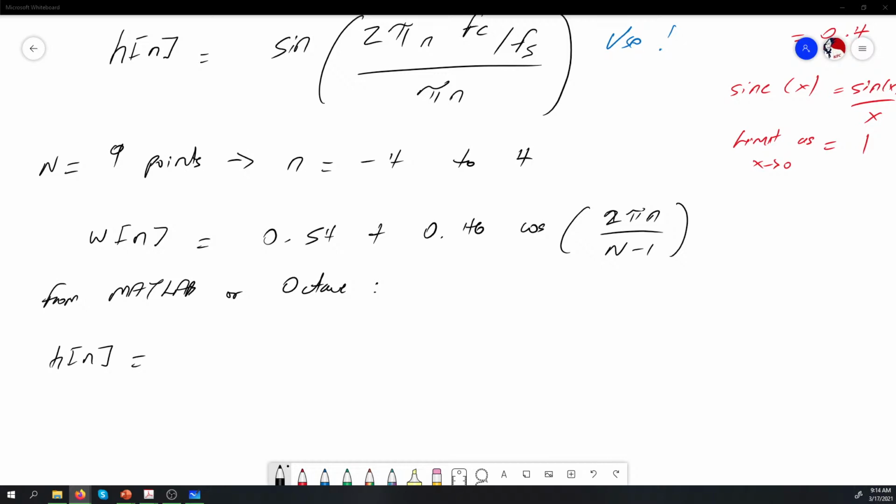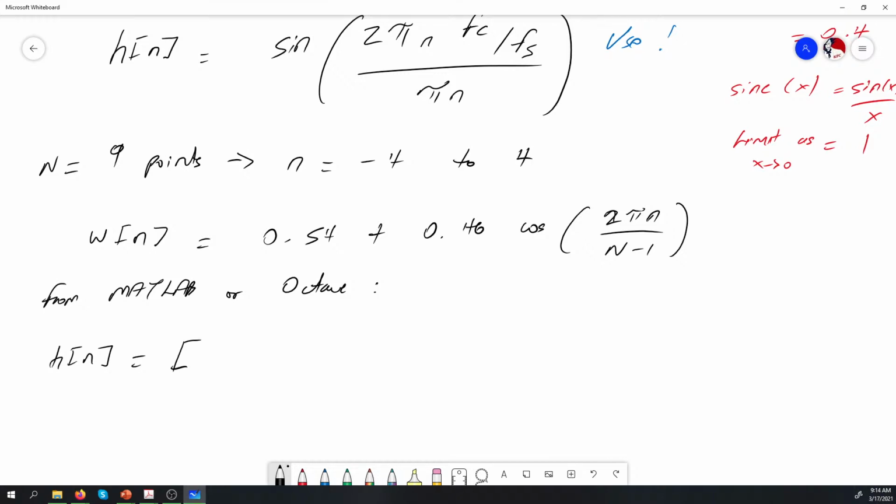Right, there's going to be minus 0, I'm truncating to 3 decimal places, then 0.076 and then minus 0.062, 0.0, 0.303.